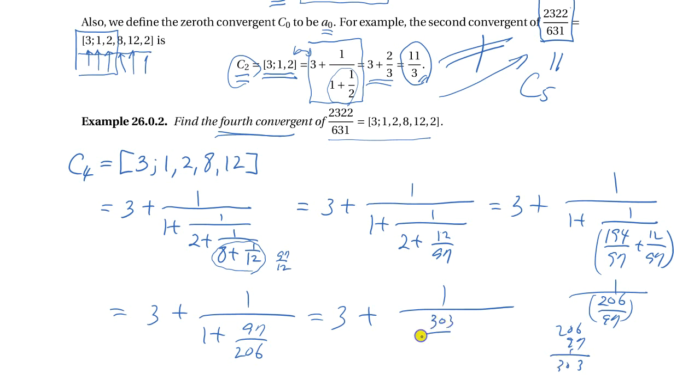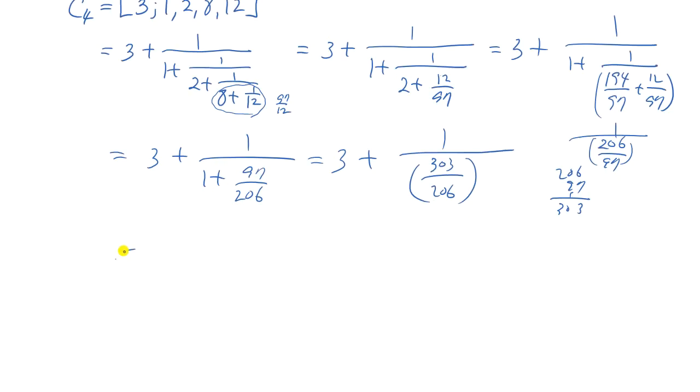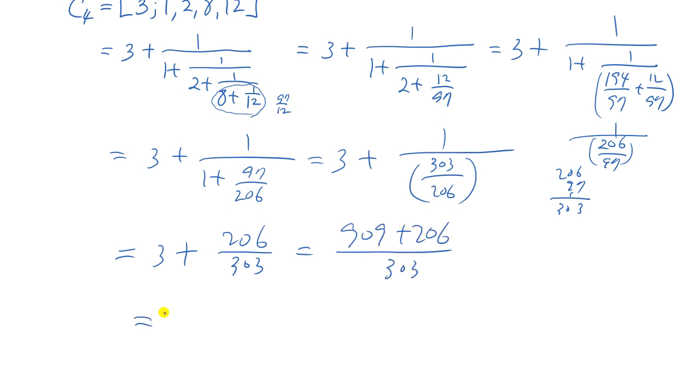So 303 over 206. Then that is 206 over 303. So altogether it is 909 plus 206 over 303. So it's 1115 over 303, right? So that should be the answer. Okay?